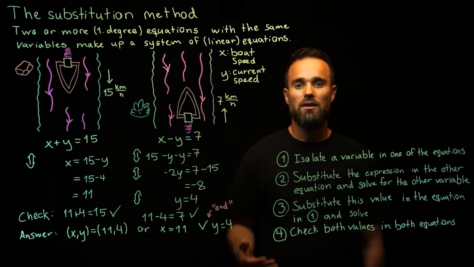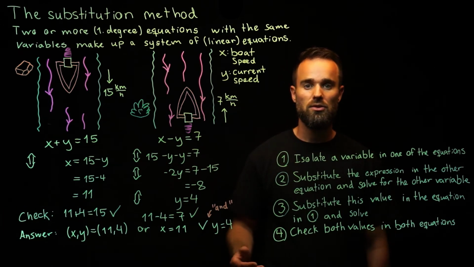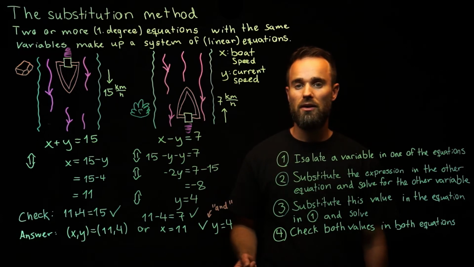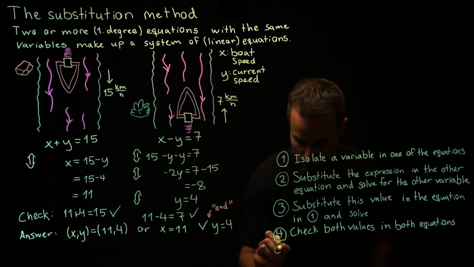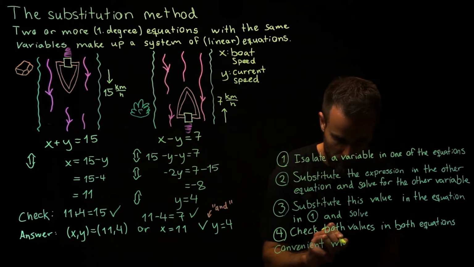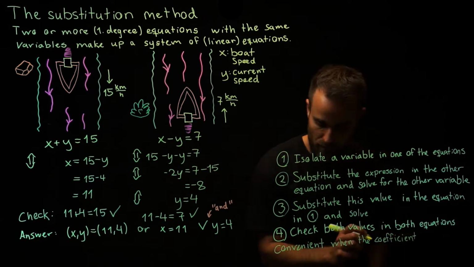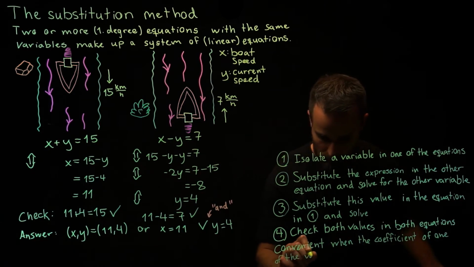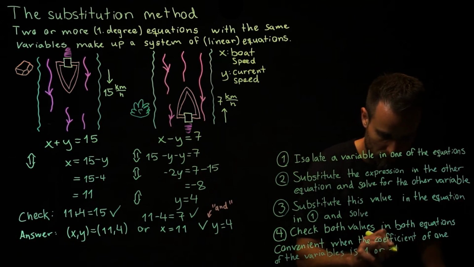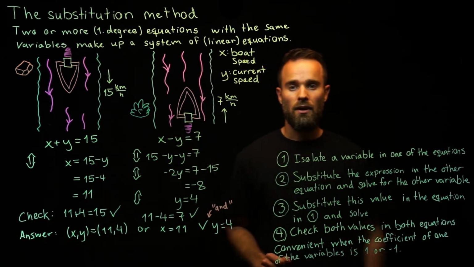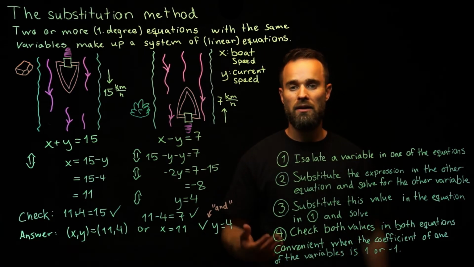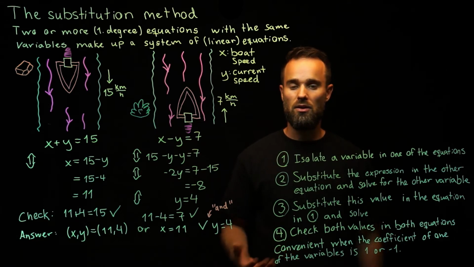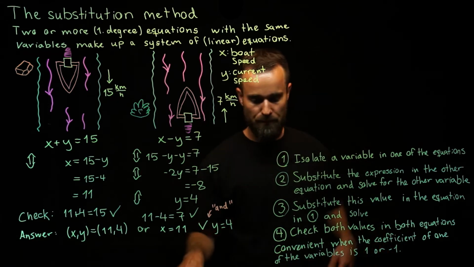This method is most convenient to use when the coefficients of one of the variables is positive or negative 1. When a term has a constant multiplied by a variable, the constant is called a coefficient.